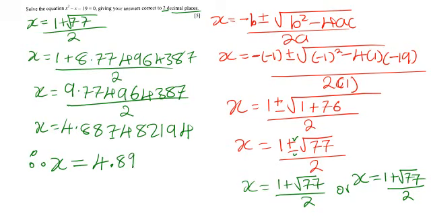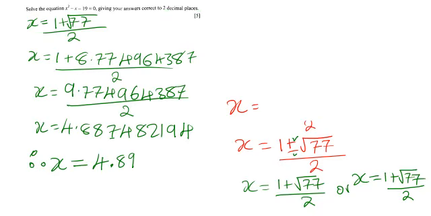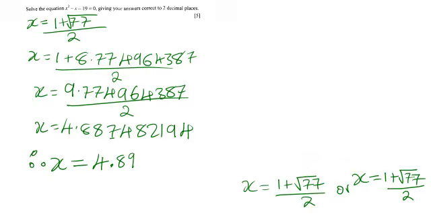Now your second answer will be the one for the negative, which will be x equal to, sorry, here we are supposed to put a negative because the other one was supposed to have a positive. So we are going to say x equal to 1 minus the root of 77, everything divided by 2.